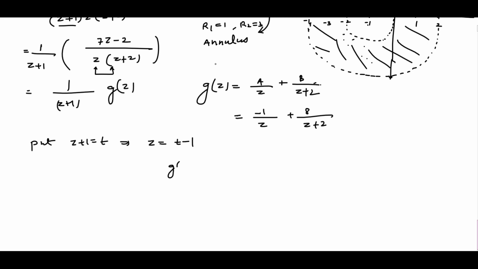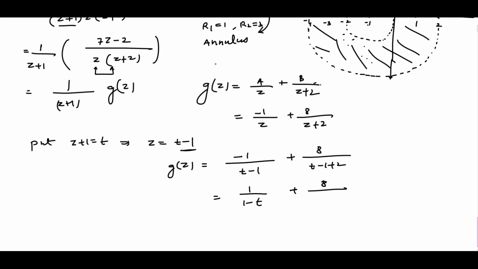So now replace the value z by t negative 1, then we have negative 1 upon t negative 1 plus 8 upon t negative 1 plus 2, that is 1 upon 1 negative t, and here will be 8 upon 2 negative 1 plus t, that is 1 plus t.